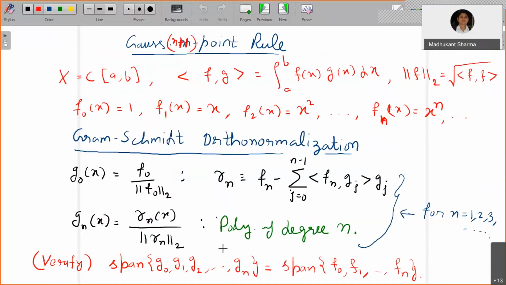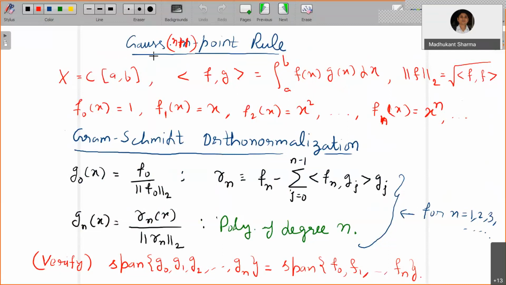We are going to apply a similar process here and extend it in the same fashion. Let's consider the space C[a,b], where the inner product is defined as the integral from a to b of f of x times g of x dx, and the 2-norm, which we denote by the square root of the inner product of f with itself.